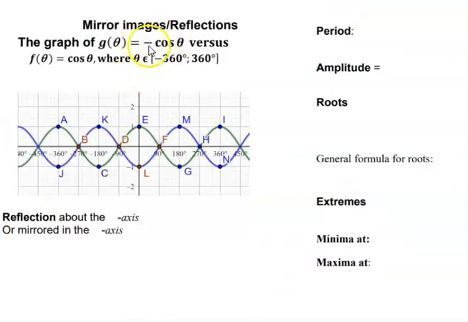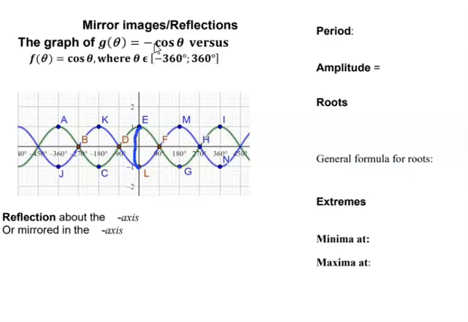If we move the minus sign now to the front, in actual fact it's a minus 1 coefficient in front of a cos theta. That means that each and every y value must be multiplied by minus 1. So if I take plus 1 there and multiply by minus, I will get minus 1.